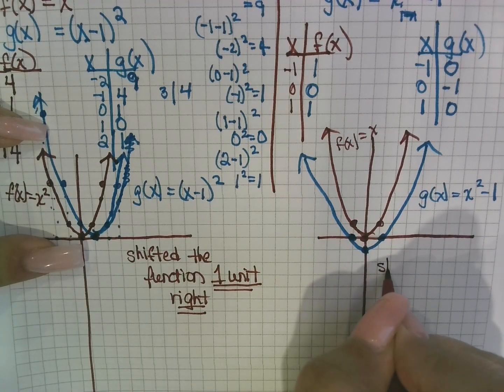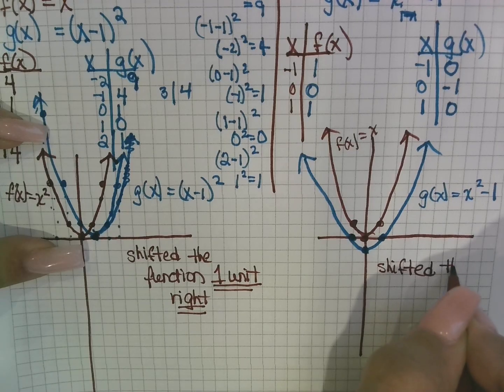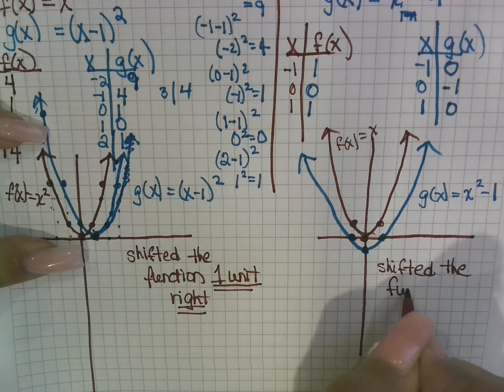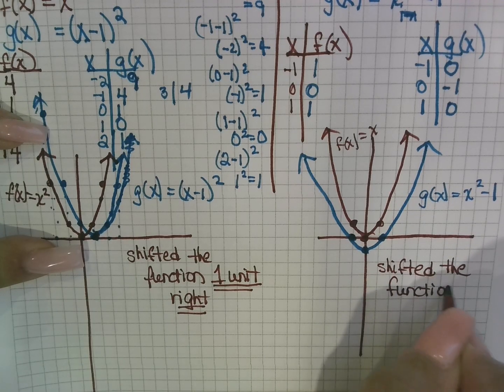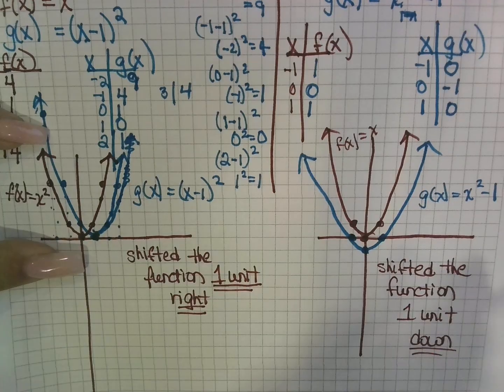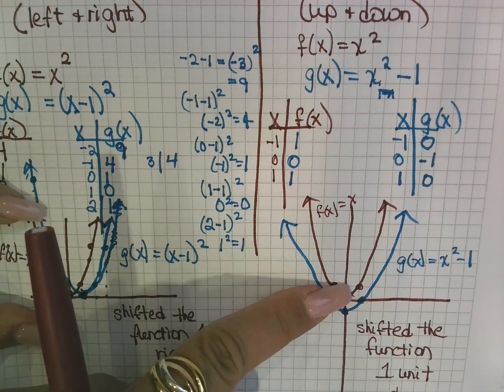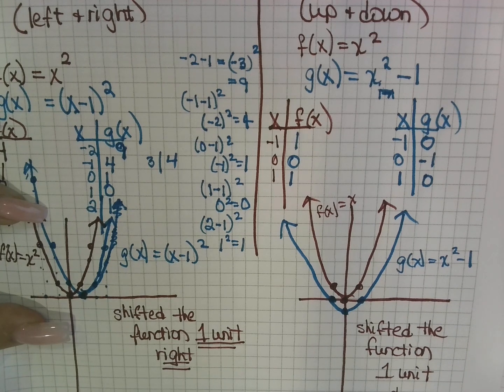So it shifts the function 1 unit down. If it had been a plus 1, it would have shifted this function 1 unit up. Okay?